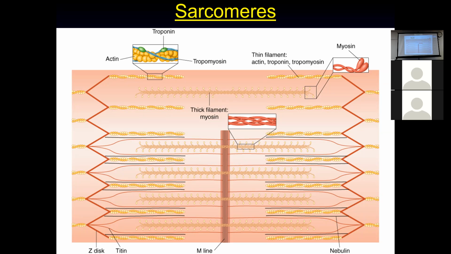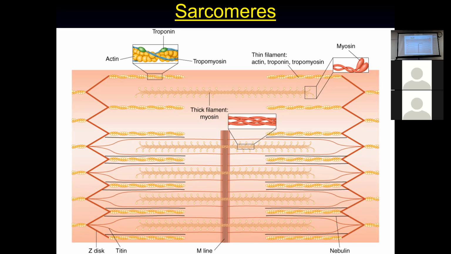Inside there, there are going to be multiple of these thick filaments. So you've got these filaments made up of myosin, and then around them are going to be the individual thin filaments.